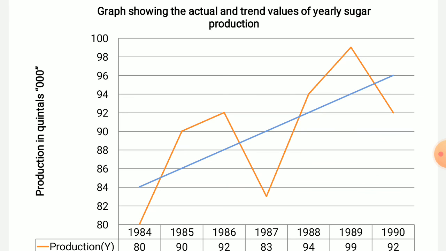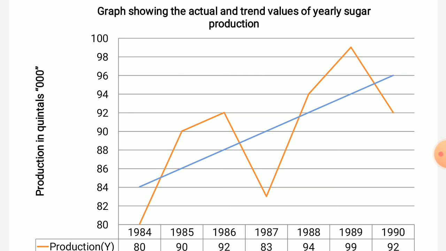Different years are shown on the x-axis, the horizontal line, and the production in quintals is shown on the y-axis, the vertical axis.